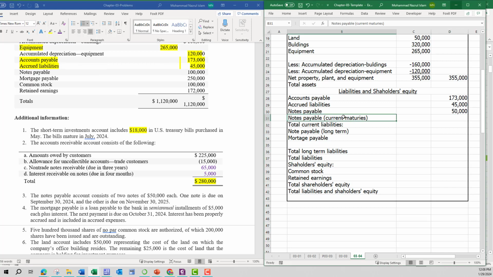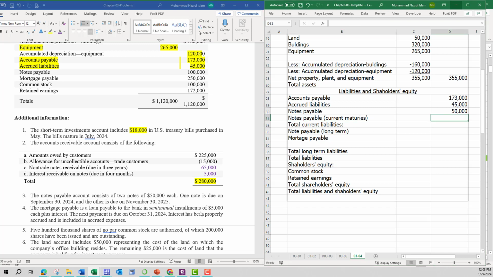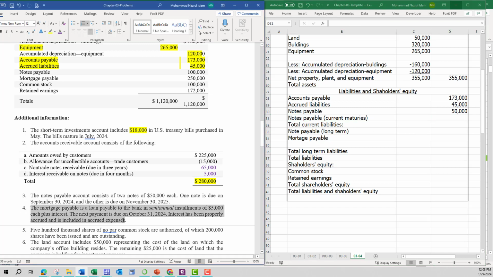Then we have the current maturities of notes payable. Look over here: the mortgage payable is one kind of note. When we signed the mortgage, out of the total 250,000, we will be paying $5,000 plus interest of $5,000.